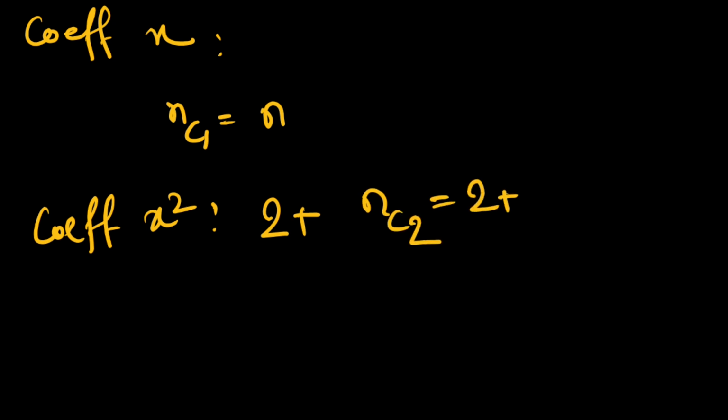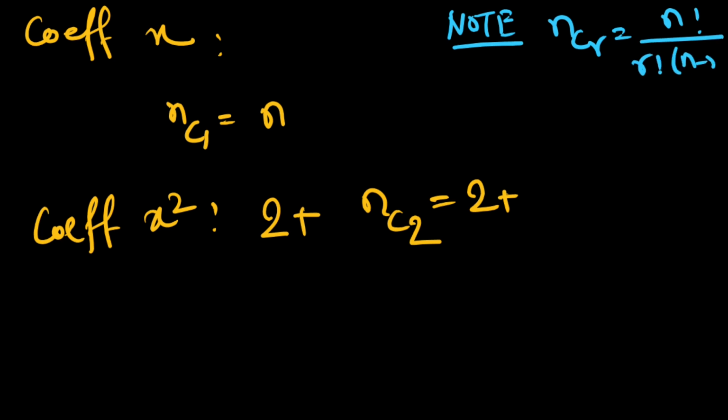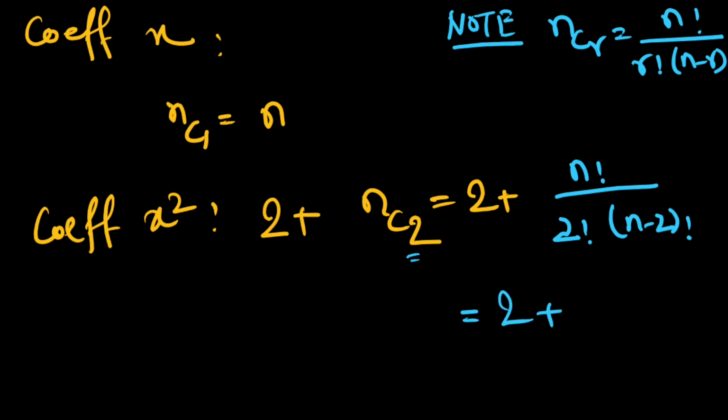Here we note the formula: nCr = n! / (r!(n − r)!). Using this formula we expand 2 + n! / (2!(n − 2)!).